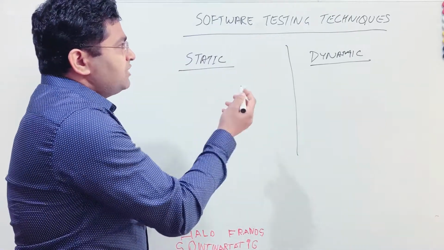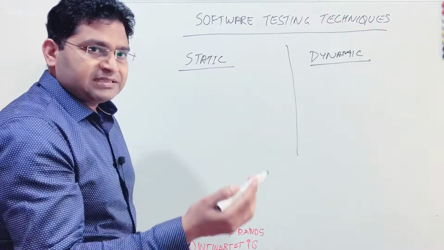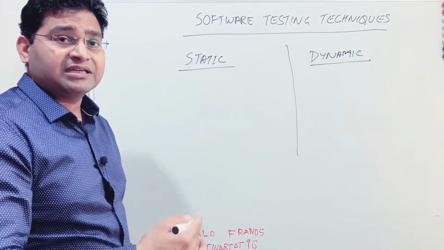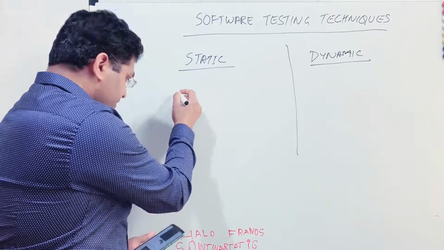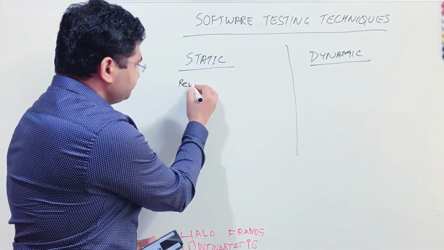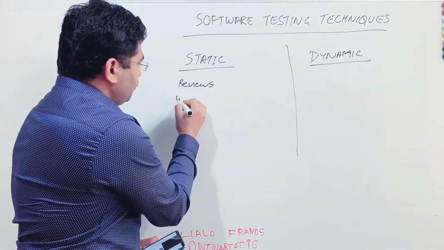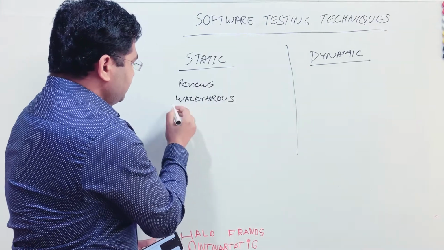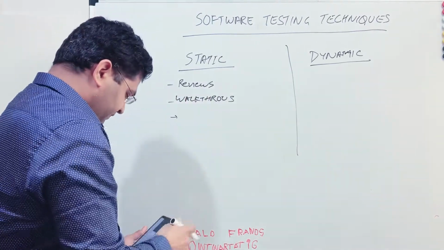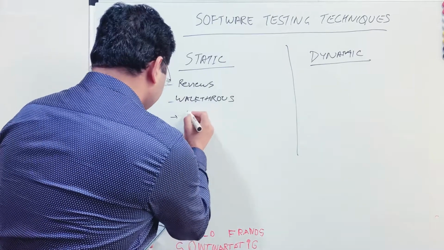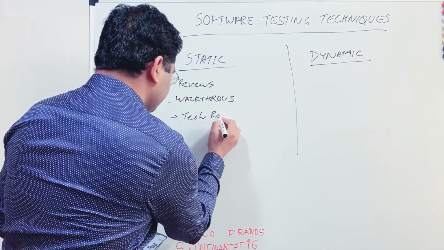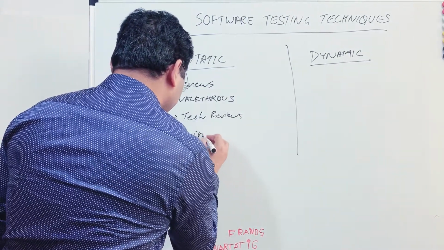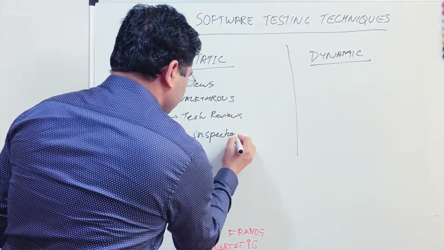Software testing techniques are applicable in both cases. In static testing, some of the techniques you utilize are, for example, reviews, walkthroughs, technical reviews, and inspection.